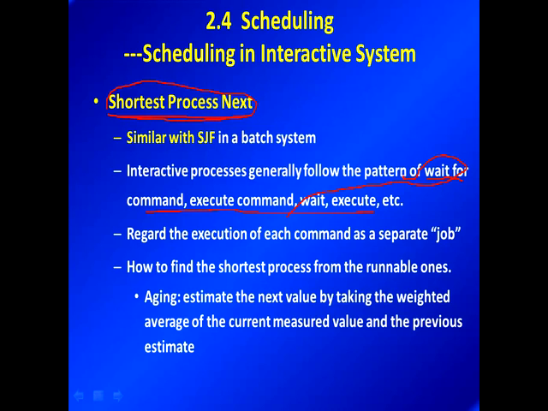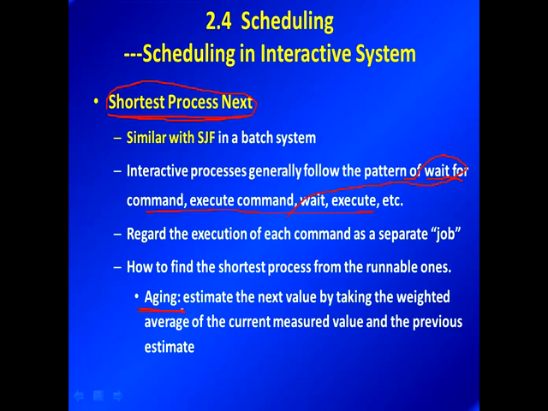It's very hard to estimate the shortest possible execution time for each mini job. So we have some ways to simulate or estimate the possible execution time for the processes on the waiting queue. If you are interested in this part, you can check the textbook and even search on the internet.